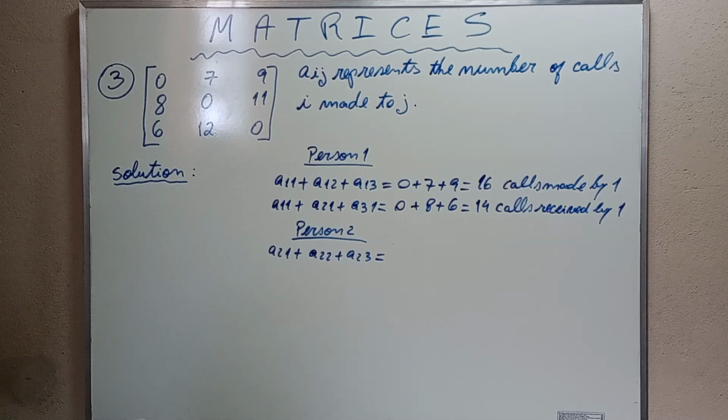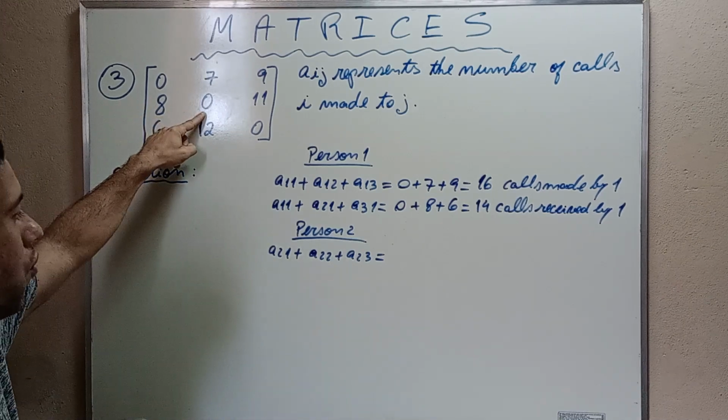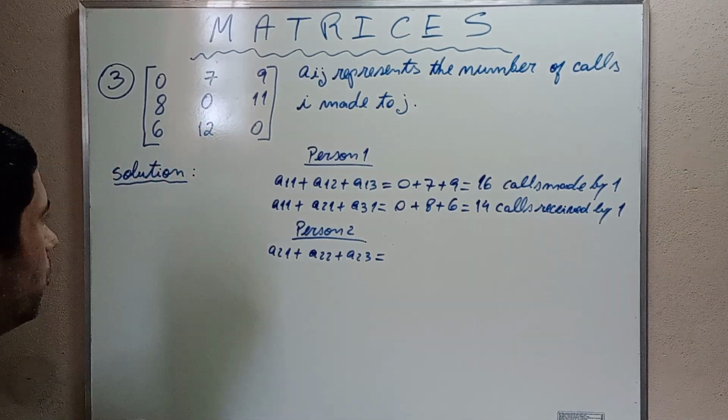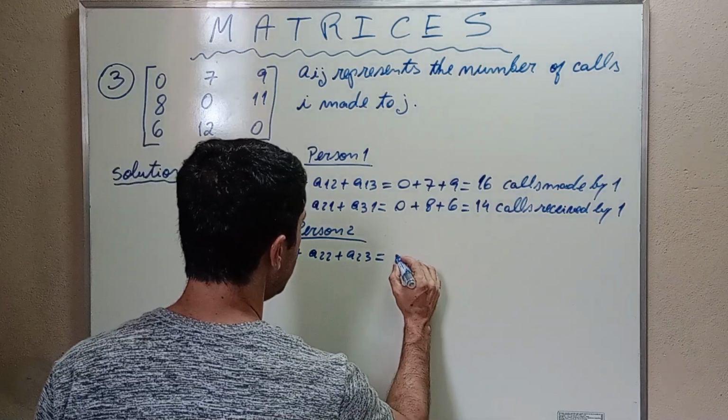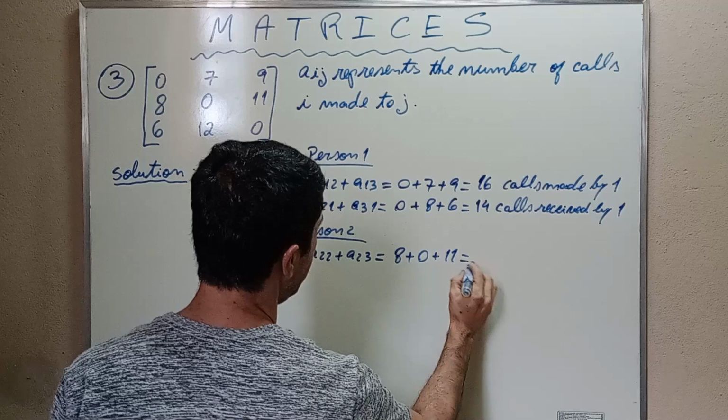Person number 2 made these phone calls, and this is equal to 8, A21, 0, A22, and 11, A23. 8 plus 0 plus 11.